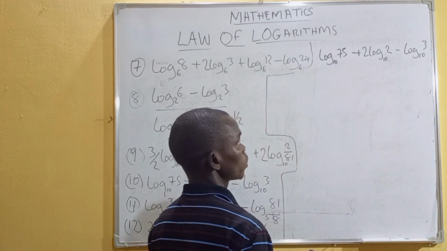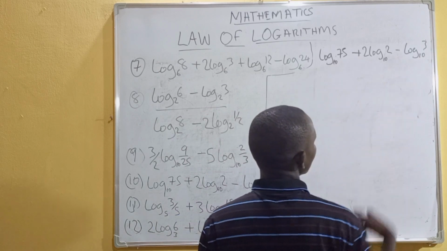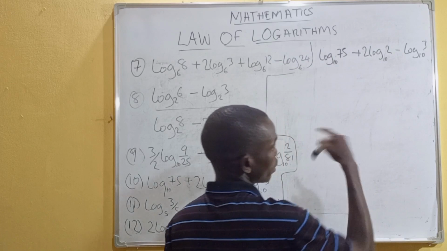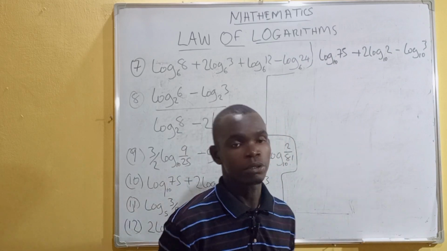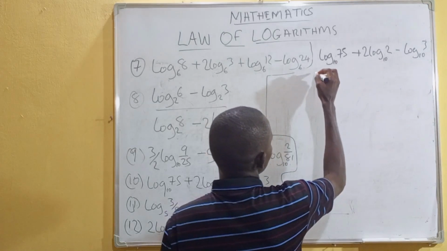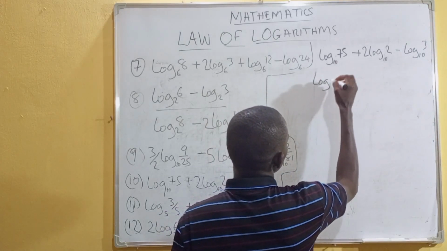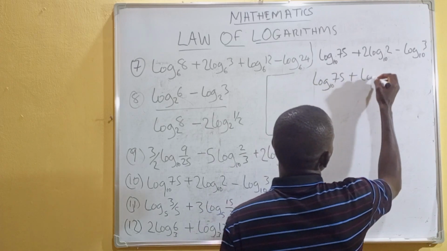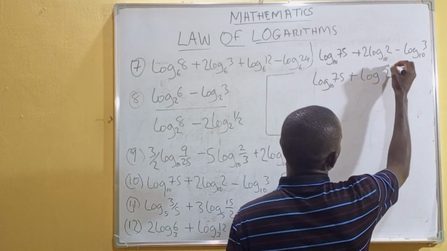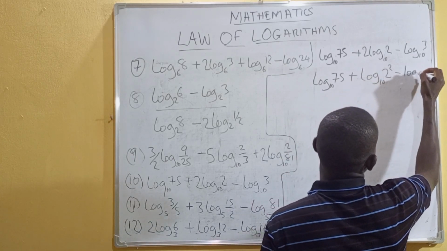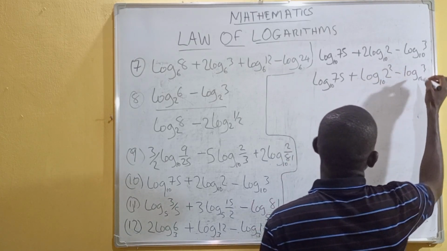So there's no way to make the log numbers the same. So we'll now reverse this and use the law of addition and subtraction. So this will now be log 75 of base 10 plus log 2 raised to power 2 base 10 minus log 3 of base 10.